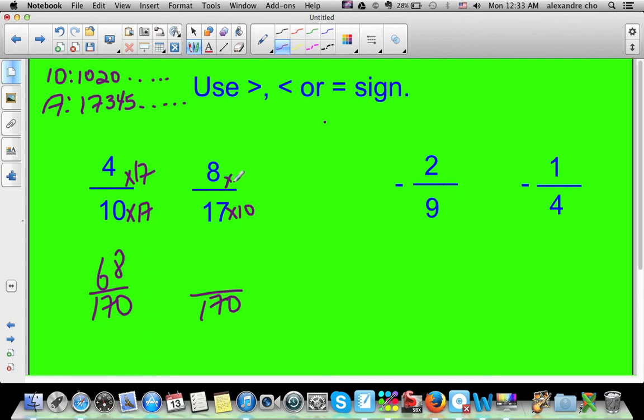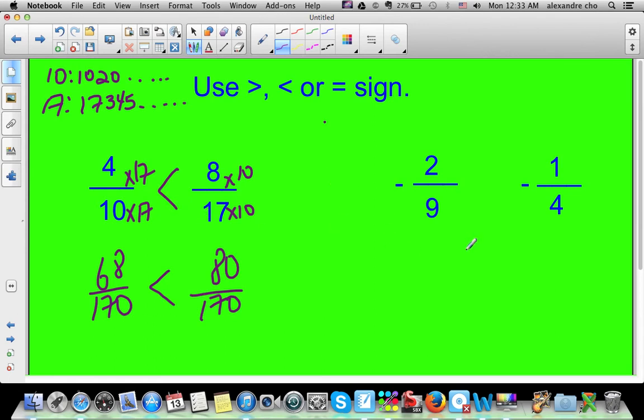So I multiply the top by 10, and I get 80. So now you can easily tell which one is bigger or smaller. So 68 over 170 is smaller than 80 over 170.